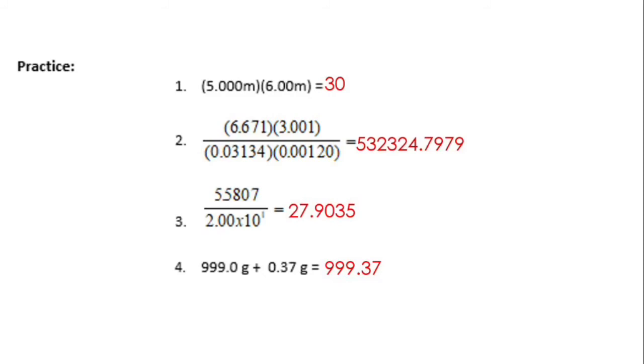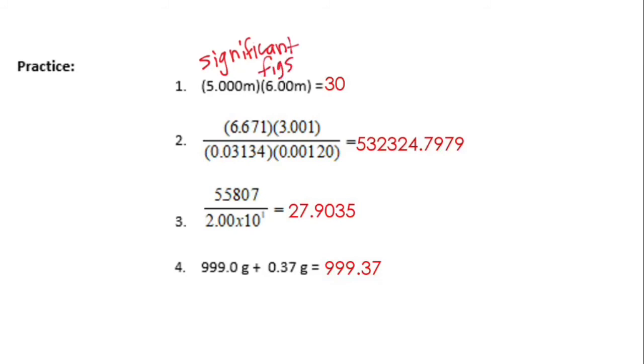So here in this first calculation, we're doing 5.00 times 6.00. And that is multiplication, even though we don't see a multiplication sign. And our calculator tells us that 5 times 6 is 30. But if we look at these significant figures, because this is multiplication, we care about significant figures, not decimal places.